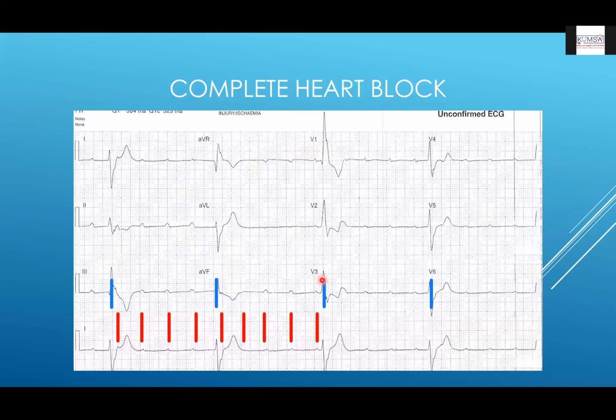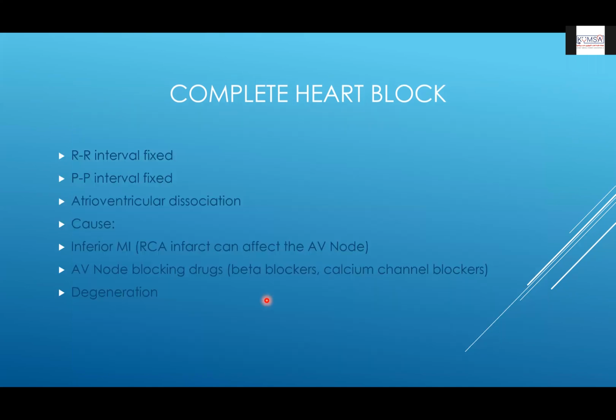You can see that the QRSs are regular and the P waves are regular. So RR intervals are fixed, PP intervals are fixed, and there's atrioventricular dissociation. So we assume that the P wave isn't transmitting its impulse to the AV node, and the QRS is completely dissociated.